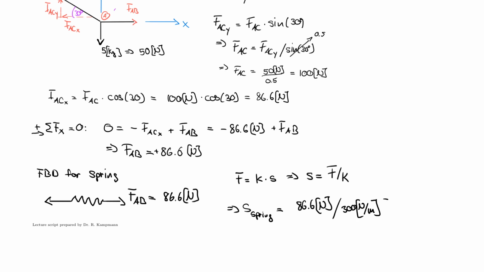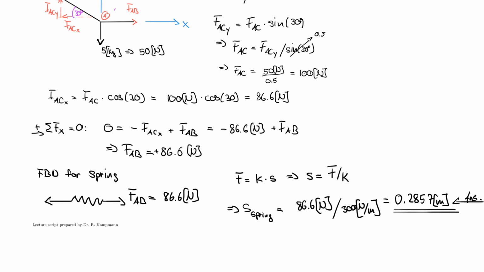And if I calculate that out, what I will find is that the stretch in the spring is really 0.2857 meters. And this now is a real result, because that is what the problem asks of us. And so I need my answer arrow.